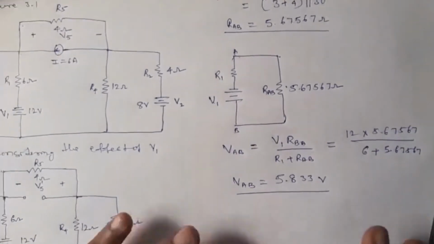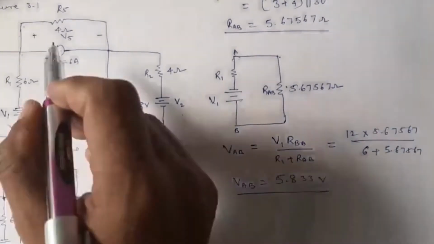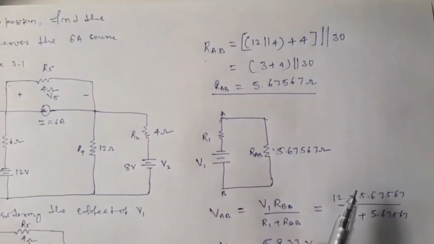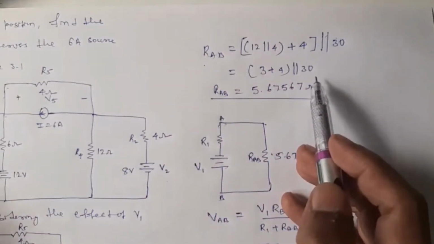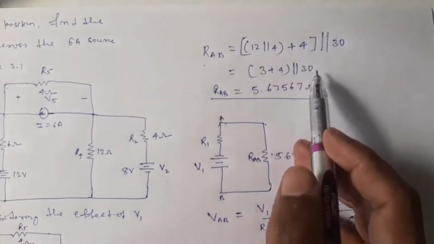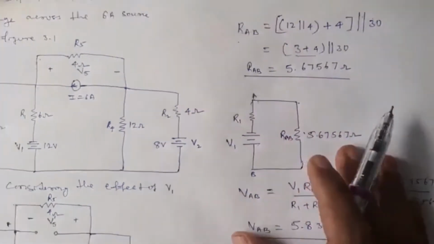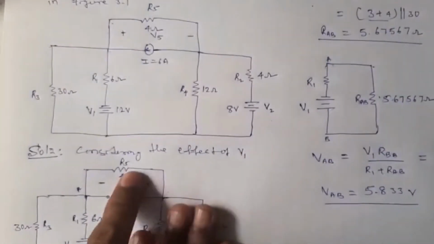Now dear students, after getting VAB, how can we find the voltage across R5? See here, this RAB is 7 ohm in parallel with 30 ohm. Across the 7 ohm and 30 ohm there will be the same voltage. 7 ohm is a combination of the parallel combination of this and the series combination of this.